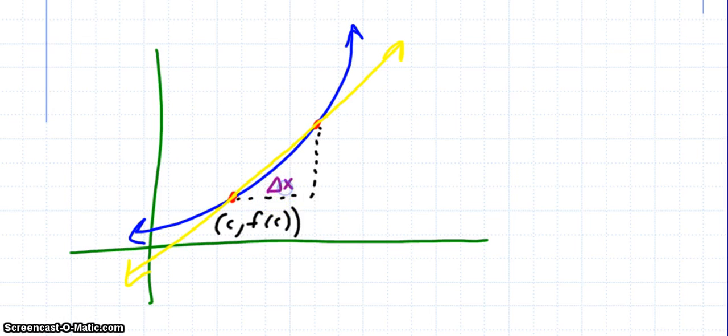This is going to be delta x. The delta stands for the change in x. In that case, then, I know that this point up here is the point C plus delta x, and then f of C plus delta x. So that's this point here and this point here.